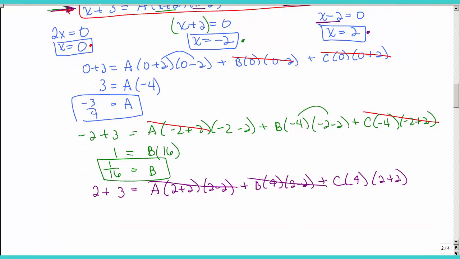And so I have 5 is equal to c times 16. So c equals 5/16.